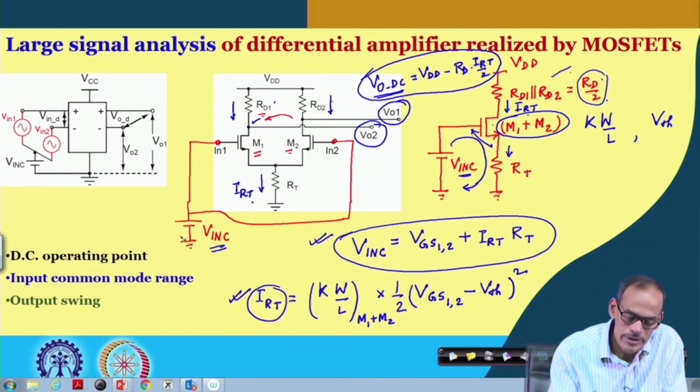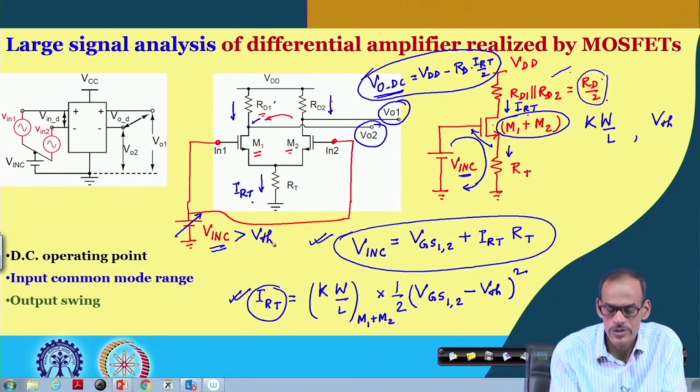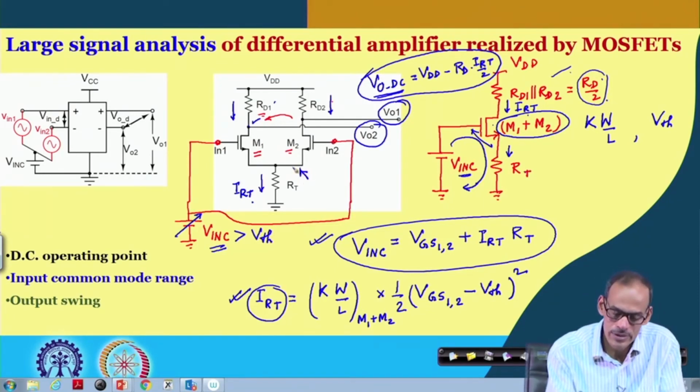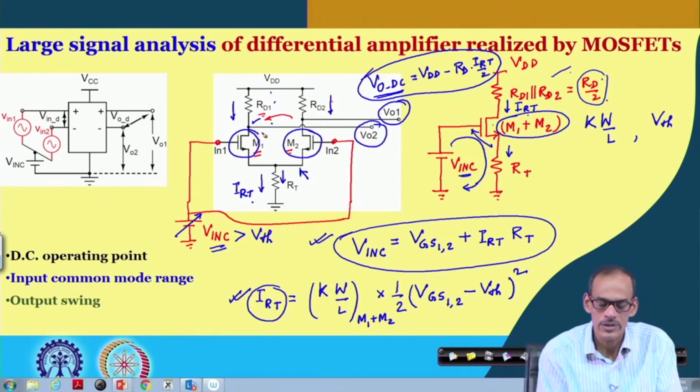Now, again this voltage may have a range, and this voltage definitely should be higher than the threshold voltage of the transistor, so that we can get a positive voltage, and hence some current flow here, and that current flows through this resistor, keeping these two devices in active condition.